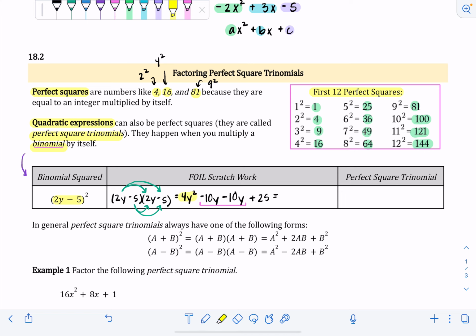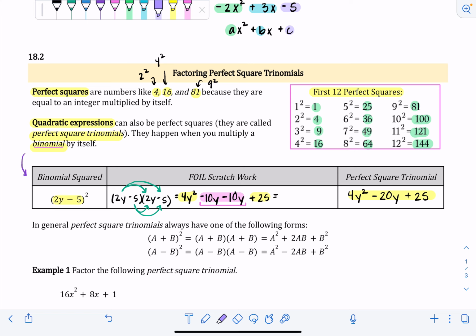So first I would write down 4y squared, and then negative 10 and negative 10 together is negative 20y, and then plus 25 at the end. Okay, so our perfect square trinomial is 4y squared minus 20y plus 25. It is a perfect square trinomial because it came from squaring a binomial.